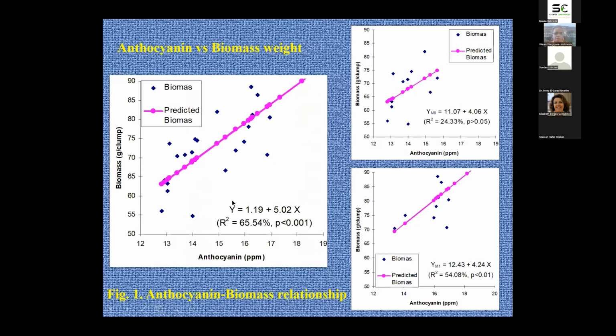When I did the regression analysis, we can see here that there is a positive and significant correlation between anthocyanin content of the grain and biomass weight. That means increasing biomass weight will also increase anthocyanin content.